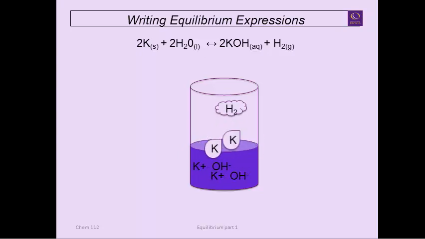And as they do, they form hydrogen gas. See it up here? And also, they make this aqueous potassium hydroxide. So, as these start to decompose, they form a little hydrogen and they form this aqueous solution. But if this is a sealed container, in theory, you might be able to stop this, although this equilibrium constant is very high, so it's very favorable to products.